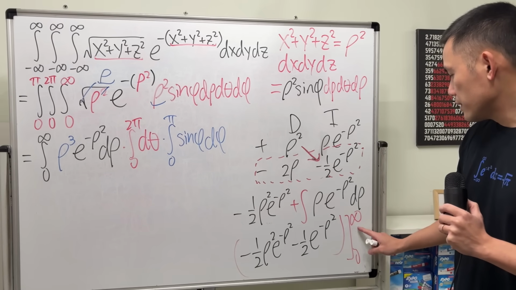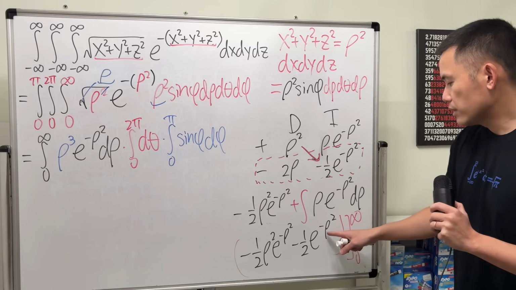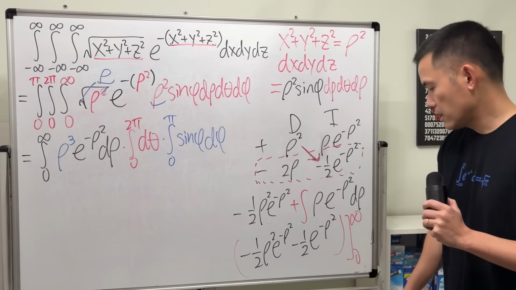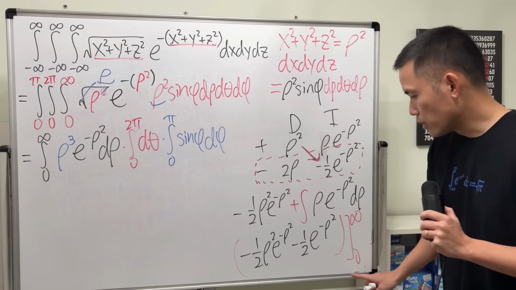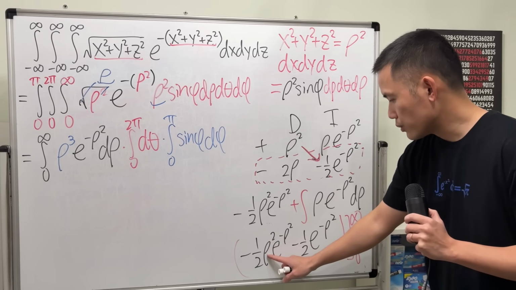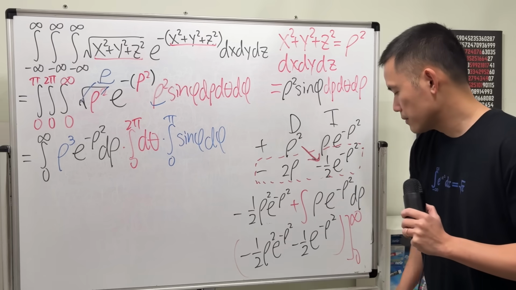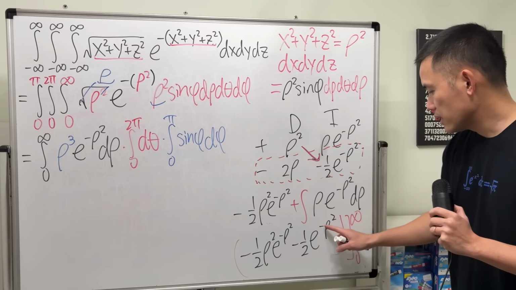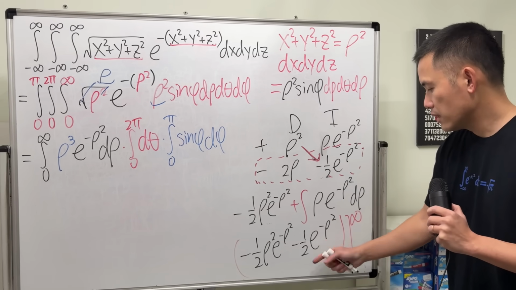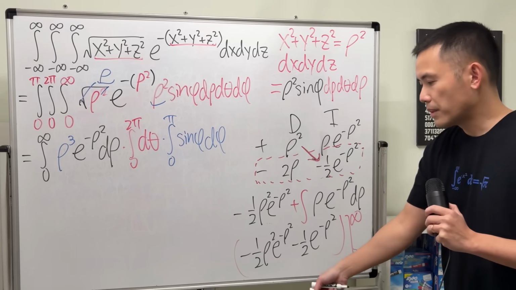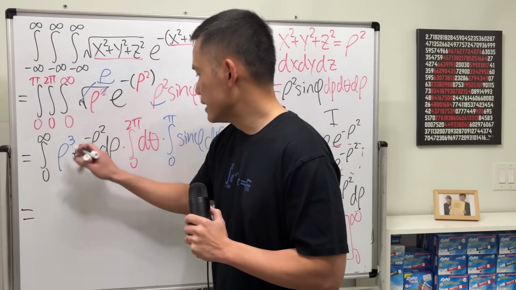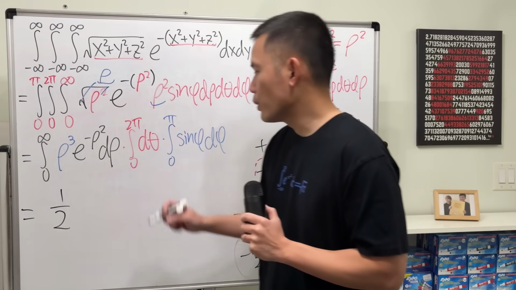And then when you plug in infinity into here, again, take the limit because of the e to the negative infinity, that's also 0. And then when you plug in 0 into here, thanks to the rho square, that's 0. When you plug in 0 into here, that's going to be e to the negative 0, which is 1, and you have negative 1/2. But it will be a minus negative 1/2. So all in all, this part is going to be positive 1/2.